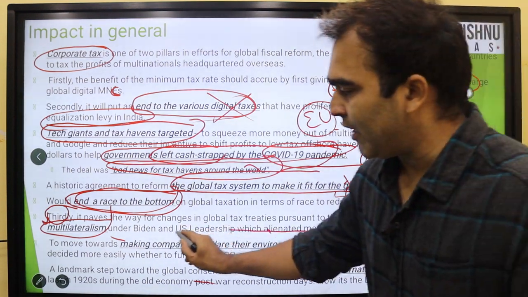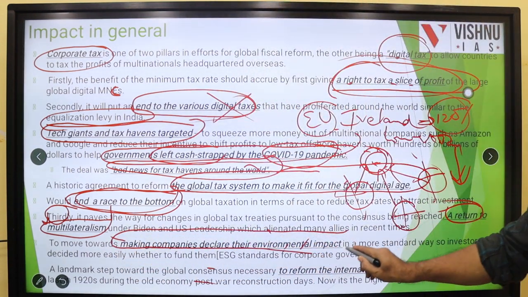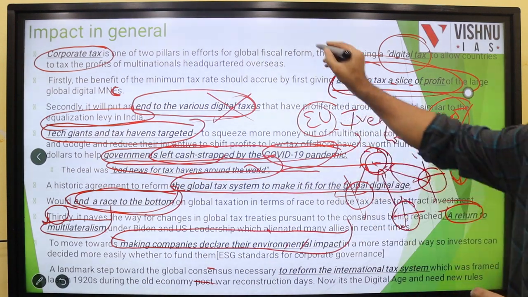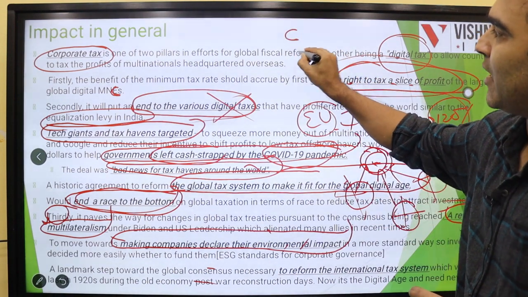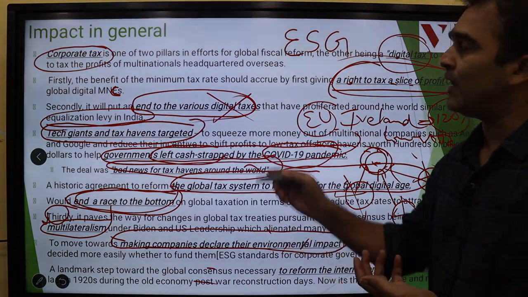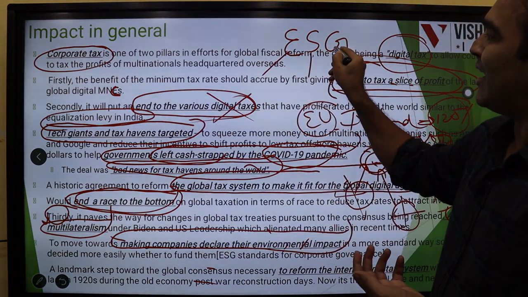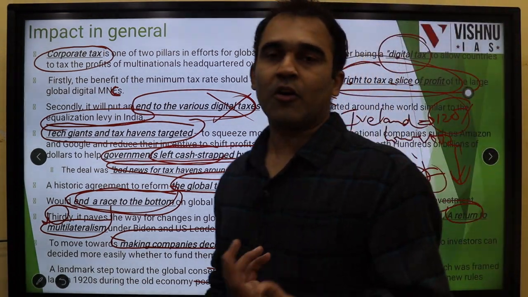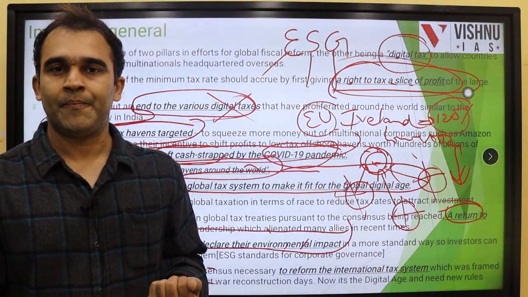Then, making companies declare, as I said, there's a third component to this agreement, which is nothing but your ESG norms of corporate governance. So higher focus is now being given to the ESG norms, environment, social and governance, under corporate governance.